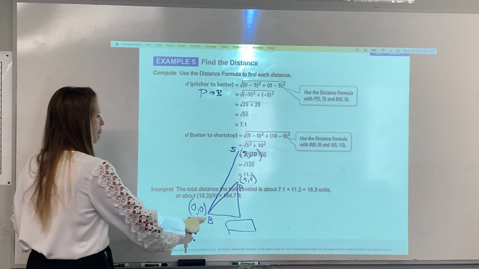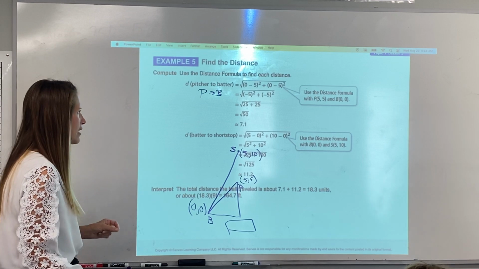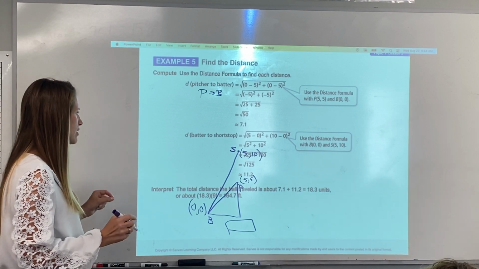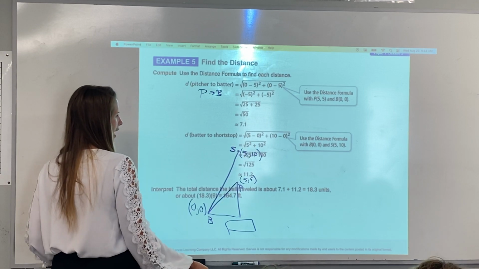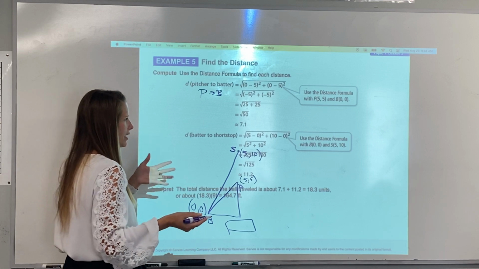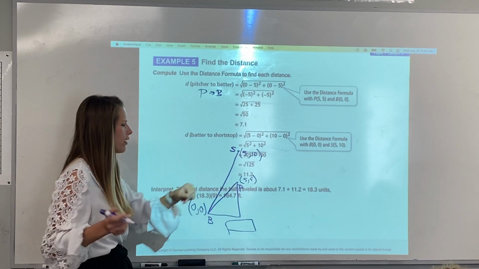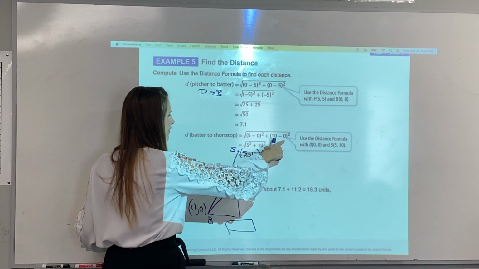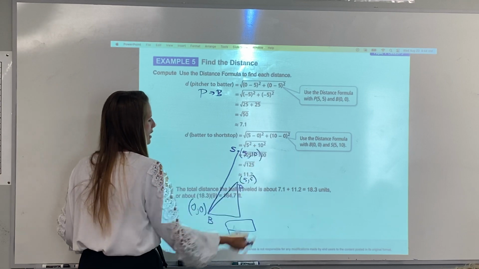Now we're going from the batter to the shortstop. We have to find the difference of our x values, 5 minus 0. And if you put 0 minus 5, that's okay, because squaring it will always give you the positive. Then the difference of our y values, 0 and 10, is going to give us 10.